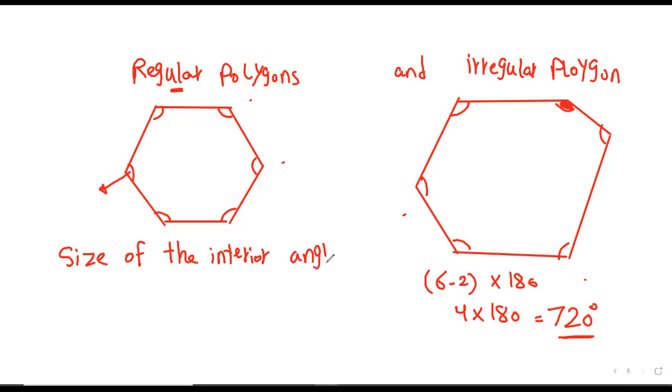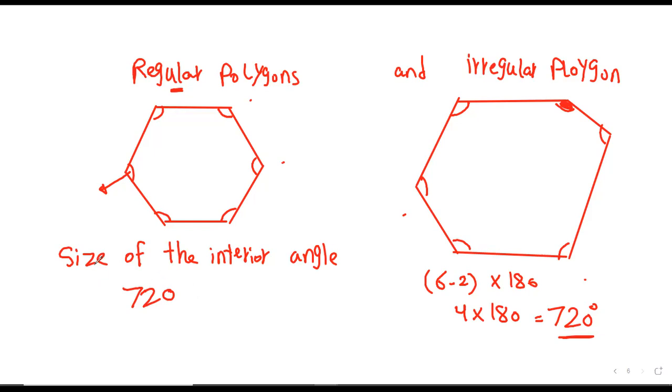Actually, we can find the size of any interior angle. Do you know why? Because all angles are equal in size. And the sum of the interior angles, like the irregular polygon, will be 720. I'm talking about the regular hexagon. So the sum of the interior angles, whether that hexagon is regular or irregular, is 720.